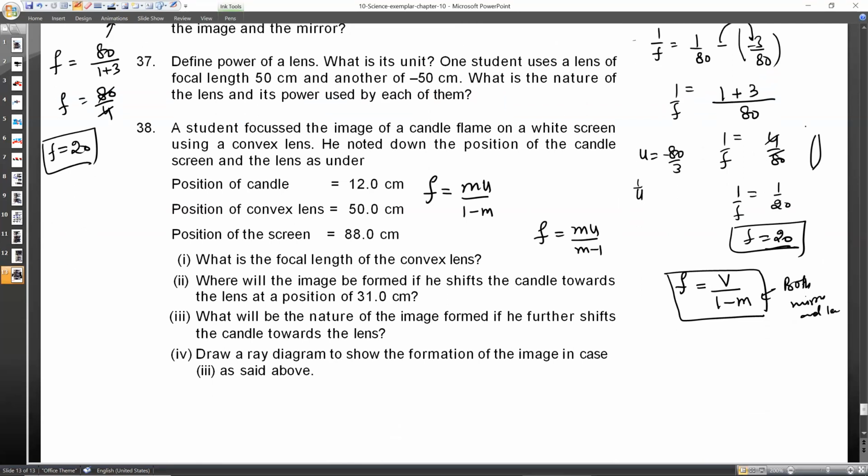Please try to solve this question number 38. What does this question number 38 say? A student focused an image of a candle flame on a white screen using a convex lens. He noted down the position of the candle and the screen. Please do this one.